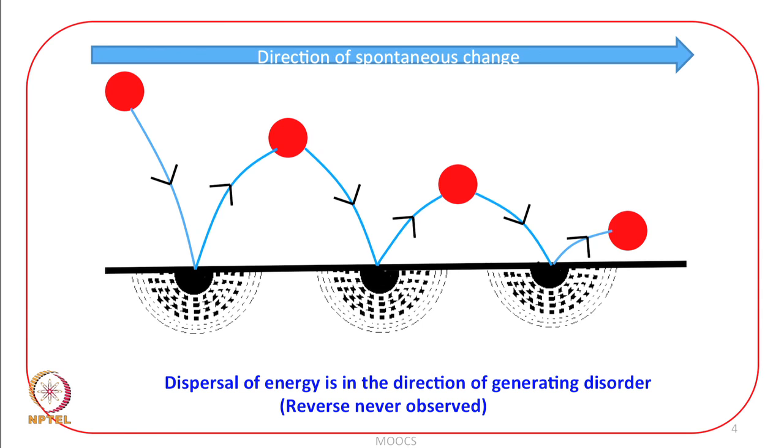We have never seen the reverse. You have never seen that a ball which is resting on ground automatically starts bouncing. That we have never seen. Because in order for the ball to be pushed up, the infinite atoms of the floor have to concentrate energy at one place and then push the ball up.